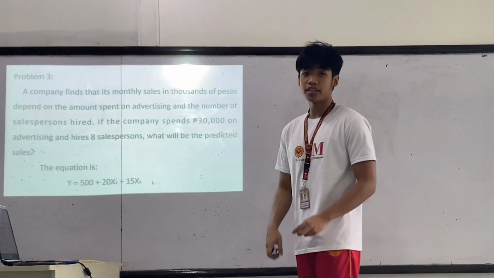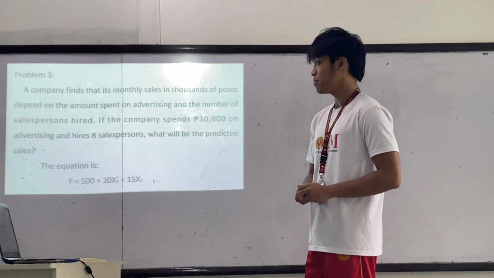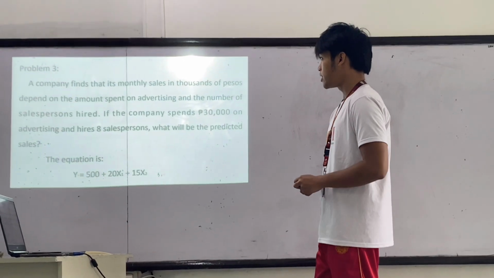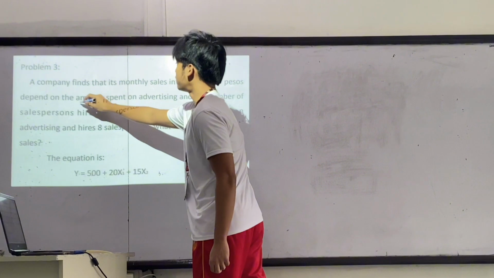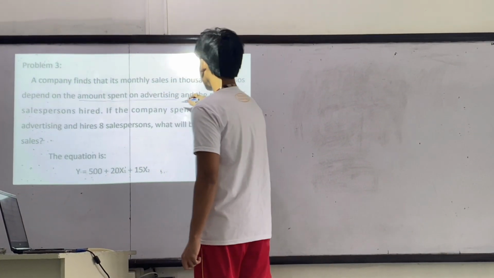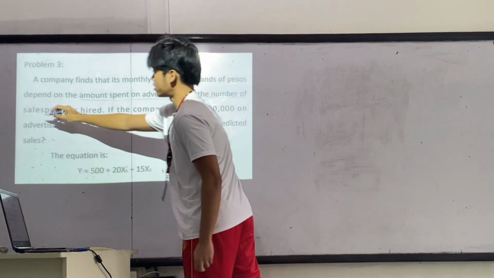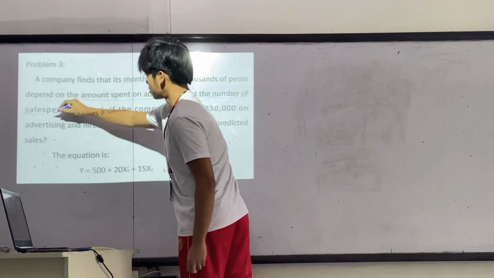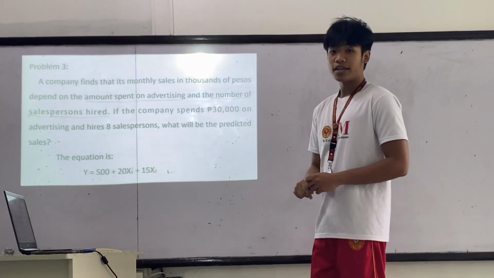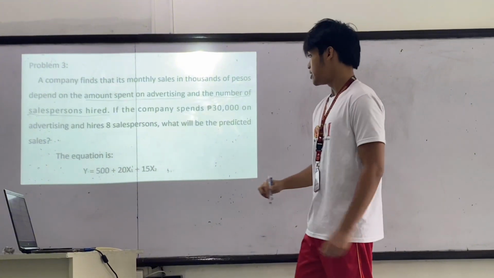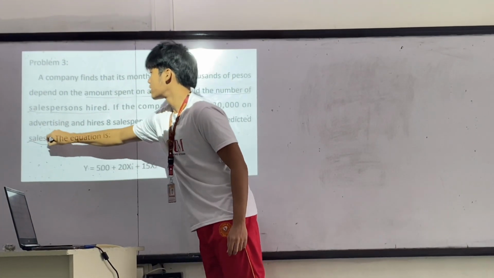First, let us identify the independent and the dependent variables. The independent variables are the amount spent on advertising and the number of salespersons hired, while the dependent variable is the monthly sales.